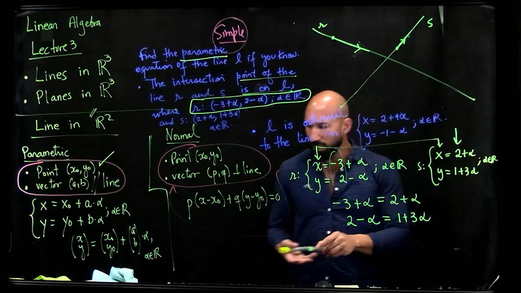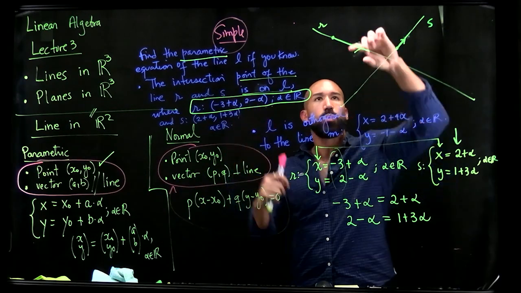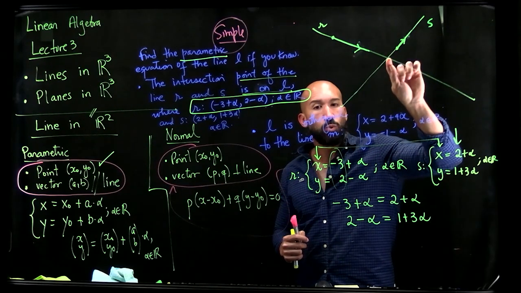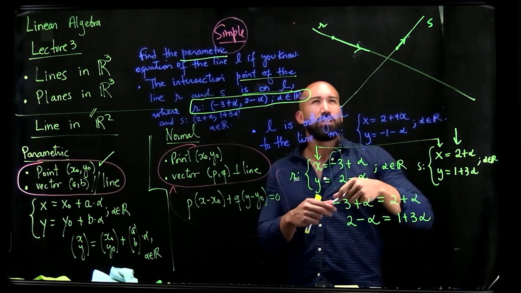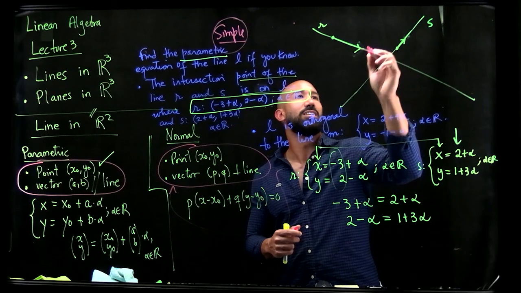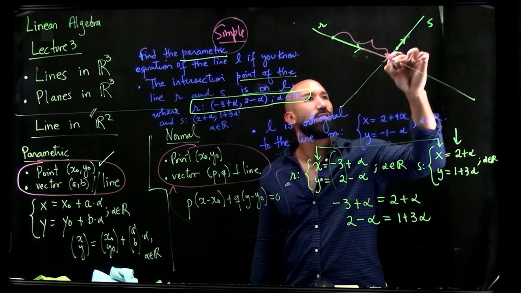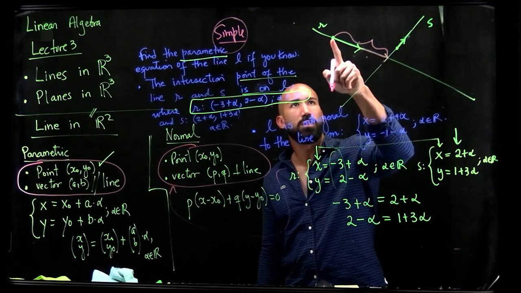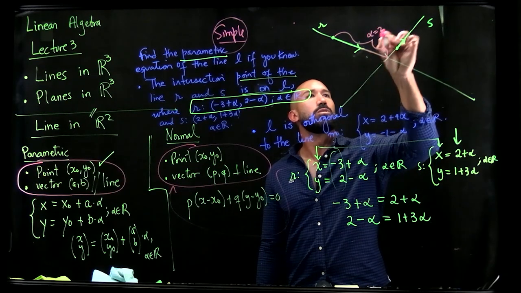So if we look at this, what is the interpretation of alpha? Alpha is how many times we need to repeat this vector to reach the point x, y from the given point x0, y0. Let's suppose that the space that I have here is exactly the magnitude of the given vector. So the value of alpha that I need to reach the intersection point from the point x0, y0 on R is alpha equals 2.